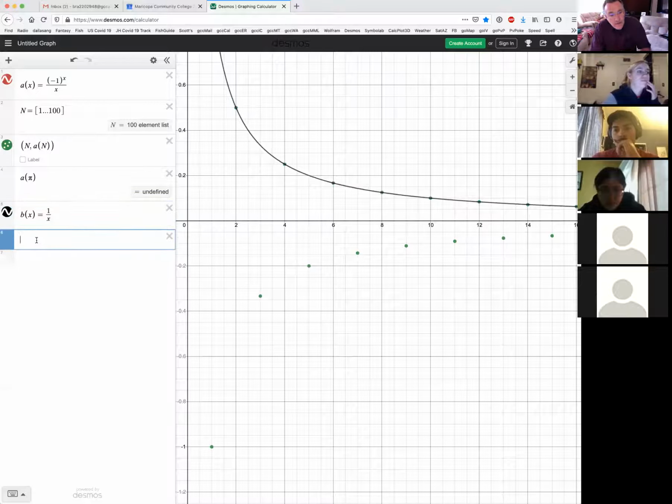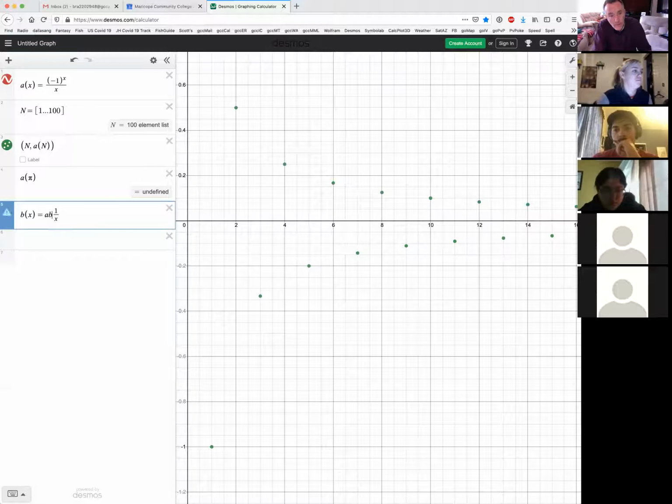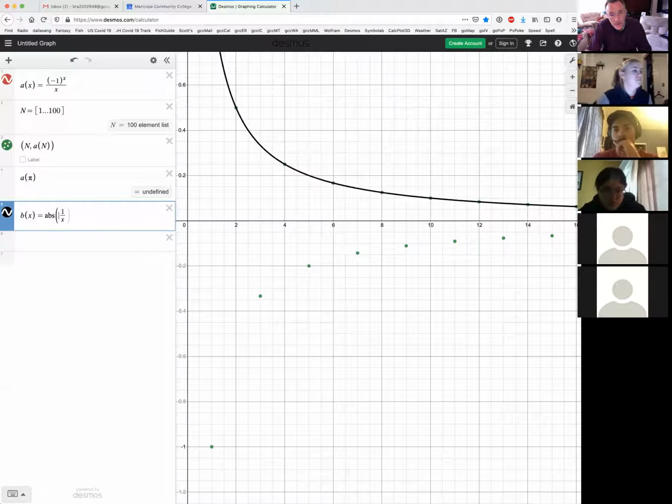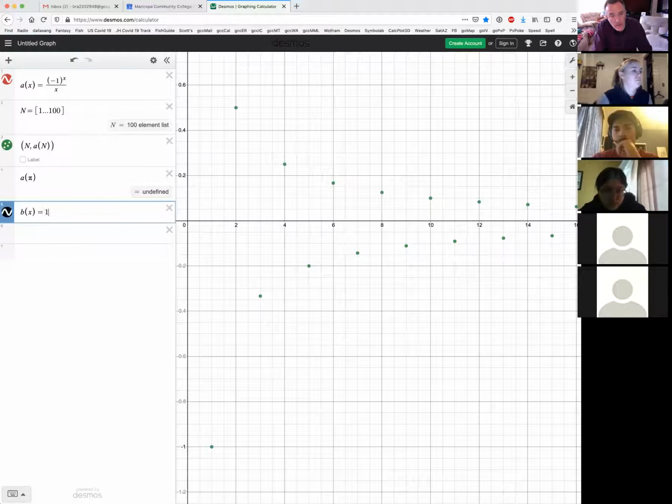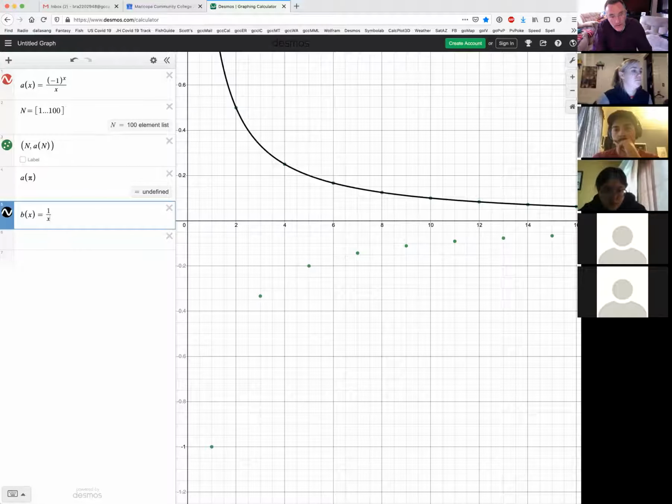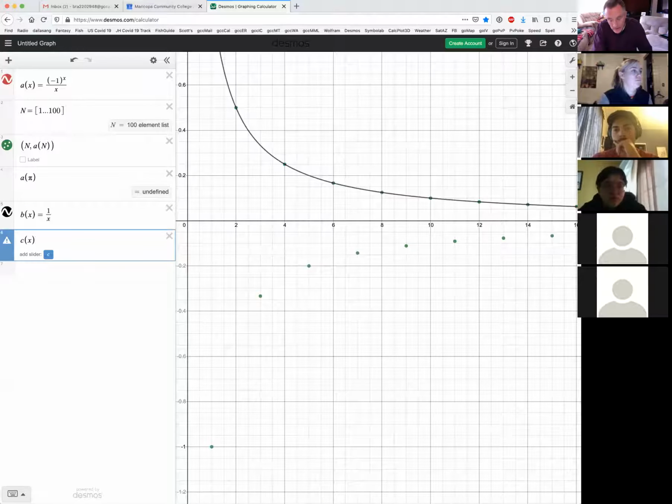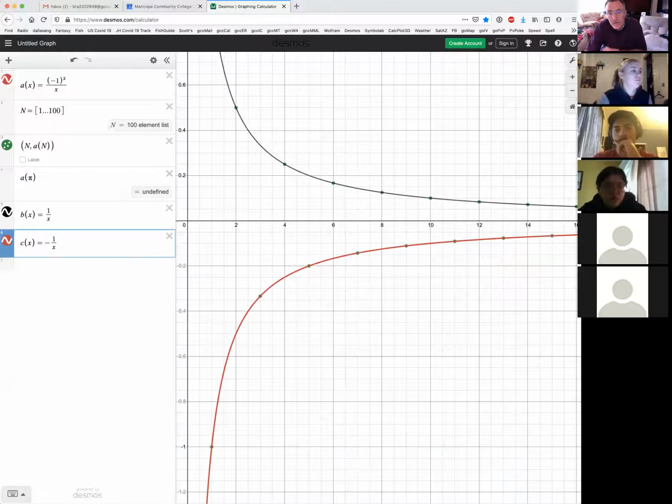And then this half of the green dots, here, I'll do this. Is Desmos clever enough to get this? No. Okay, so let me write this, b of x. I'll come down here and I'll say c of x, minus 1 over x.